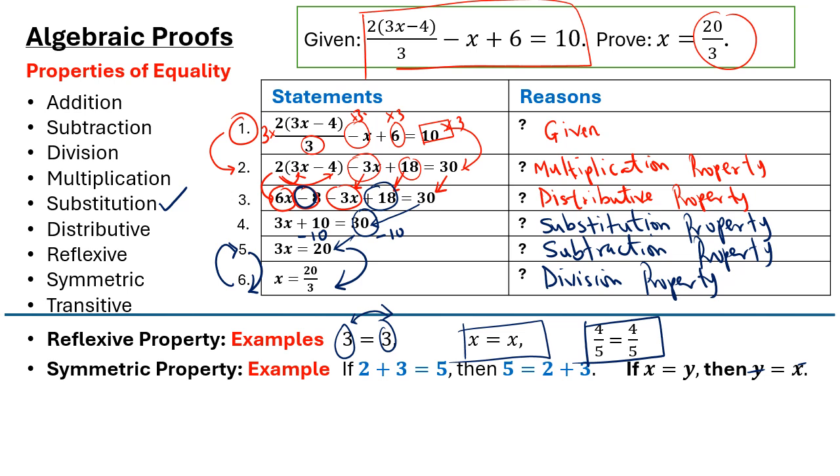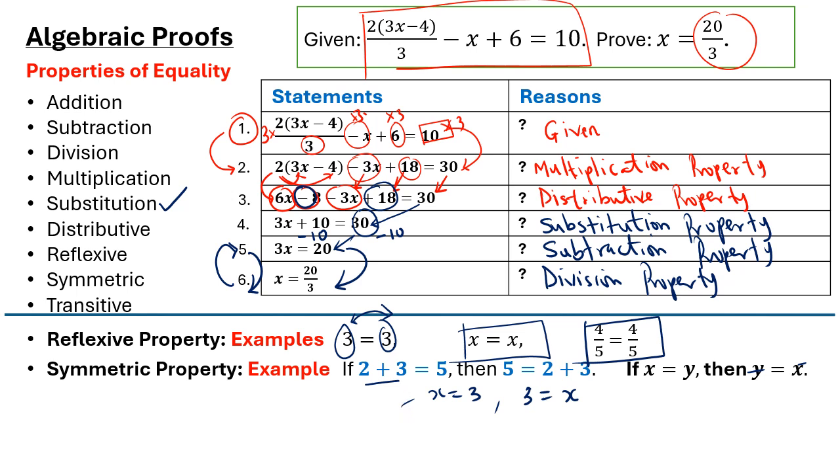Likewise, when you solve an equation and get x equals 3, it means that 3 is also equal to x. This is what you call the symmetric property of equality. So if one thing is equal to another, then that other thing is equal to whatever you said was equal to it in the beginning.